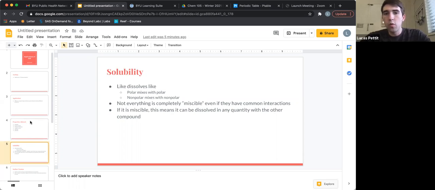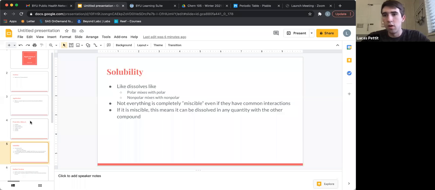So first we're going to go over solubility. The important thing to remember is that like dissolves like. So polar substances are more likely, and we'll get to why, to mix with other polar substances. It's not always the case that something is 100% soluble in something else if it's polar or if it has a polar piece.